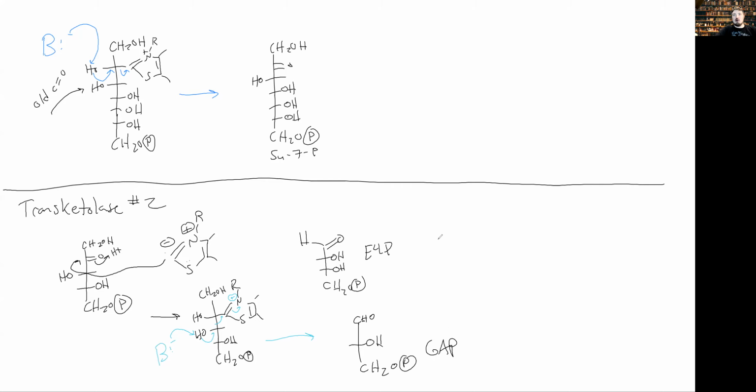And we have our TPP with the 2 carbons attached to it. So we're going to push through. We're going to attack here, grab a hydrogen. Remember which way that old carbonyl goes?